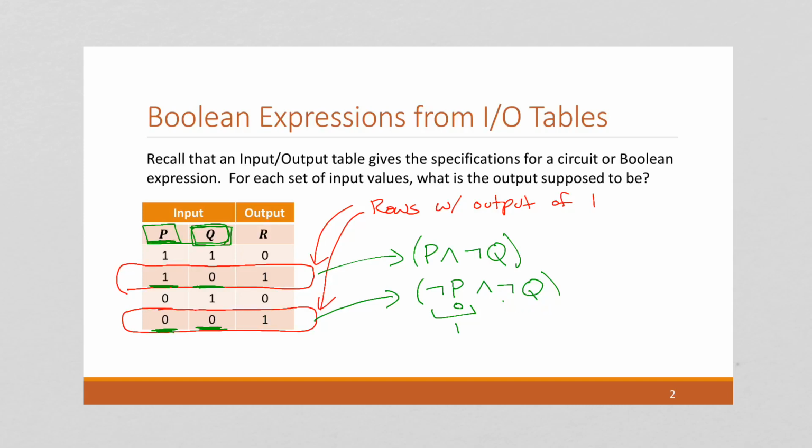Okay, so what we've done is we've described the scenario, the setup, for the only two ways that our I/O table can be true. So that means if we want our Boolean expression to be true, one of these has to be true.